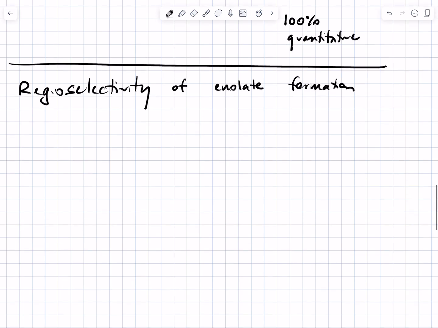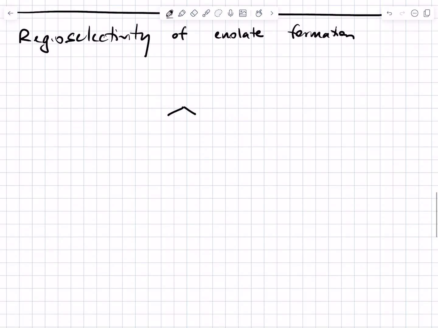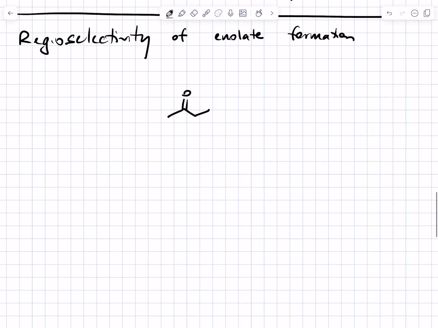So a simple step away from acetone would be this molecule, 2-butanone, and you've got orange alpha proton here, and then purple alpha proton here.